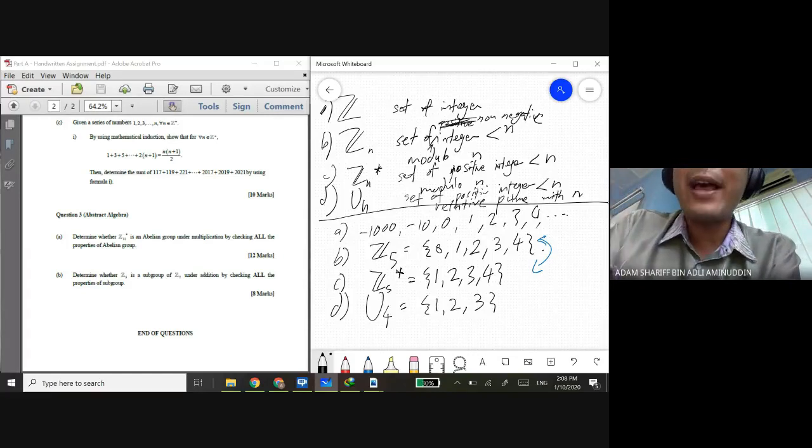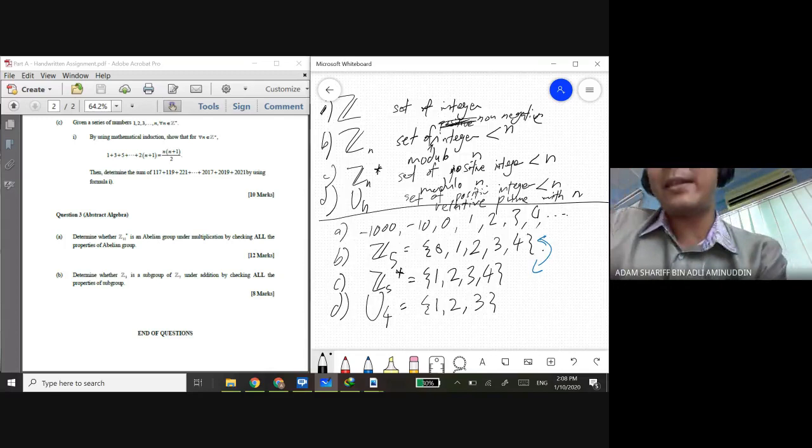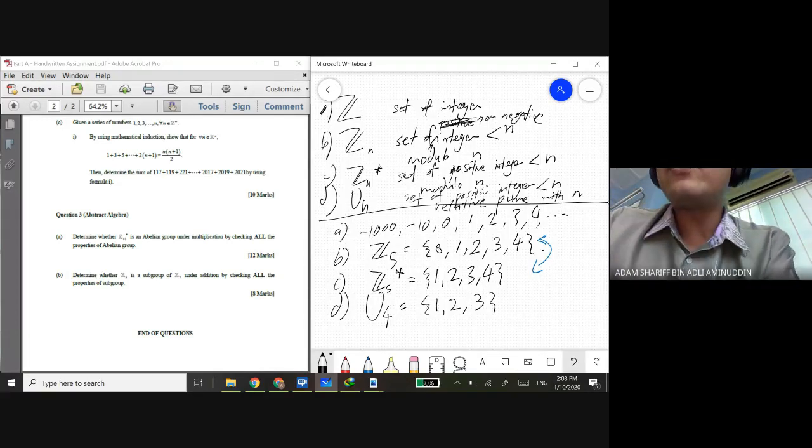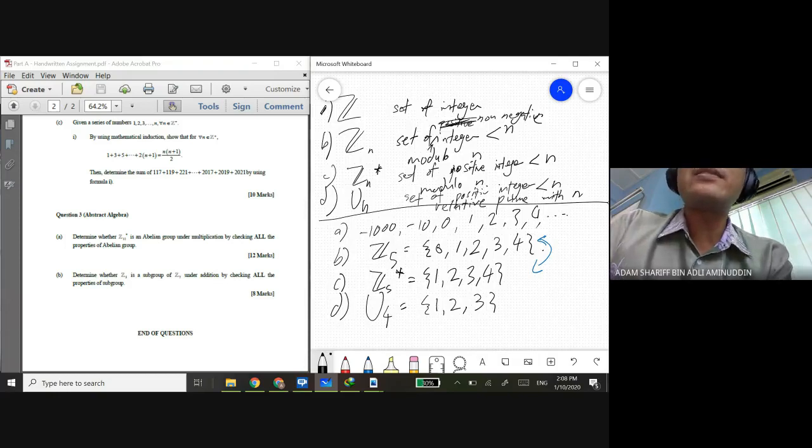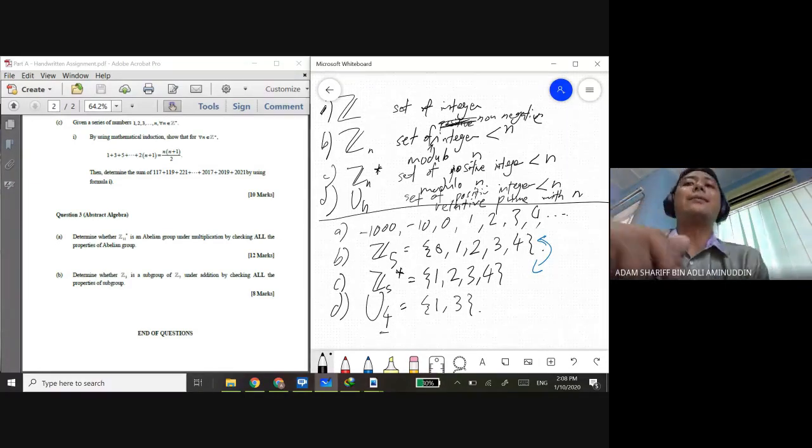You must find the GCD between 4 and 1. It must be 1, then it is relatively prime. However, the GCD, greatest common divisor, between 4 and 2 is not 1, it's 2. Therefore, 4 and 2 are not relatively prime. So the elements inside U4 are 1 and 3 only.